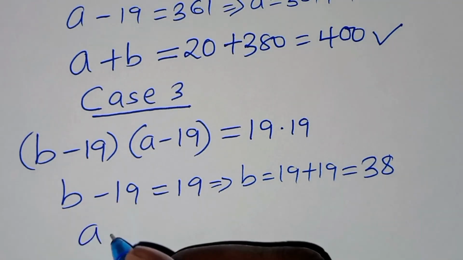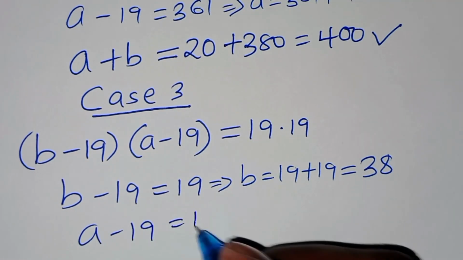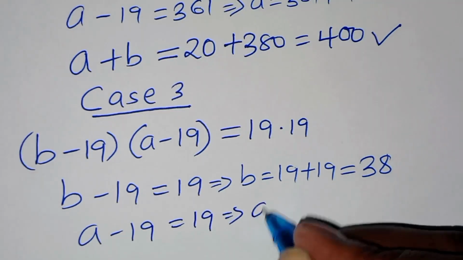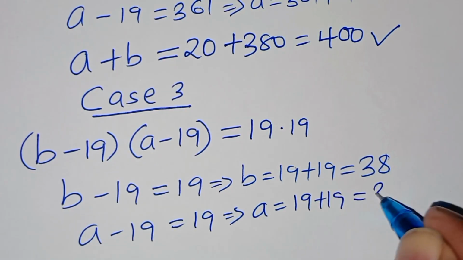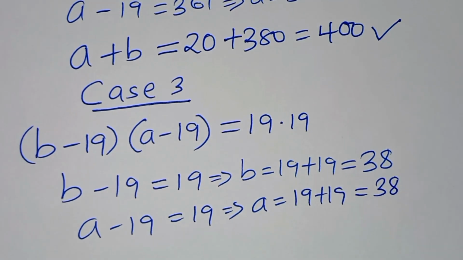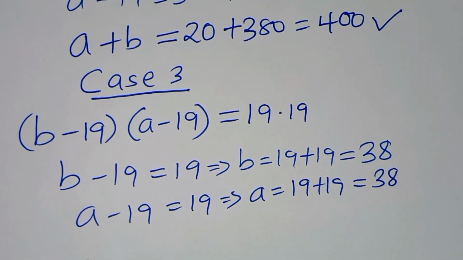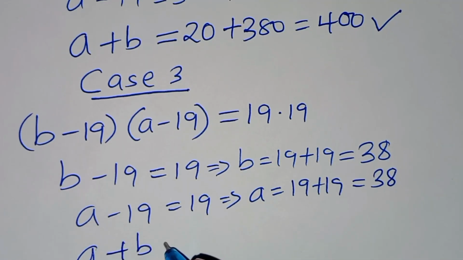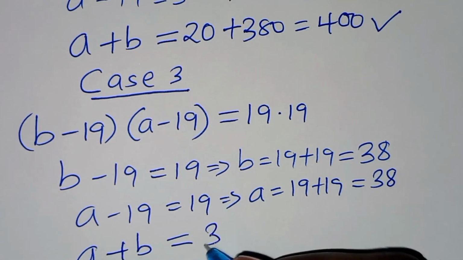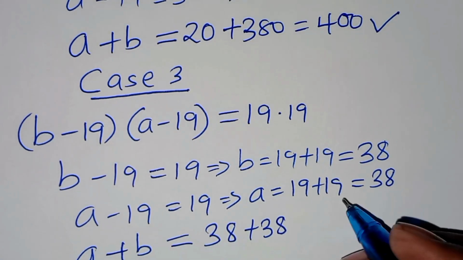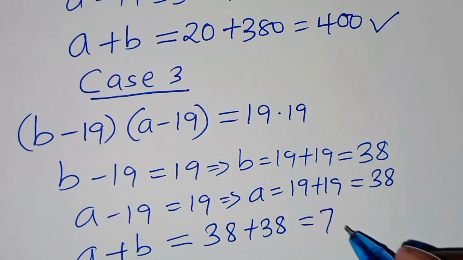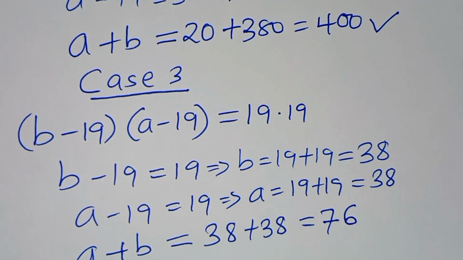We also have a minus 19 equal to 19, and this implies that a is equal to 19 plus 19, which is 38. Now, this implies that a plus b is equal to 38 plus 38, which is 76.